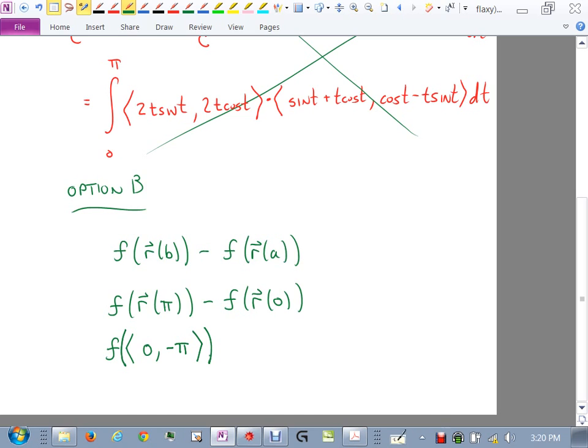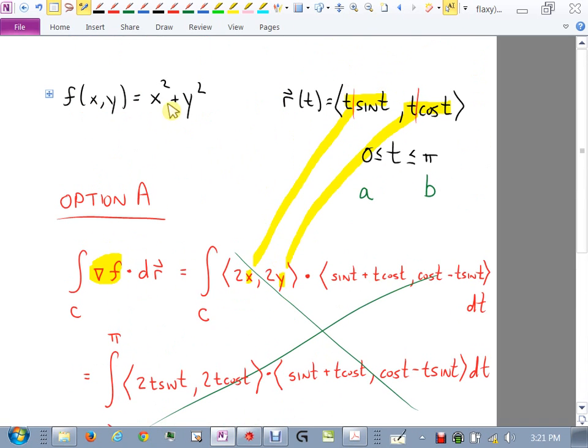That just means I'm going to replace x with 0 and y with negative pi. Subtract from that what? F of, well, when we plug in 0 into r, we get the vector 0, 0, don't we? What did the f function do? X squared plus y squared, right? X squared plus y squared.